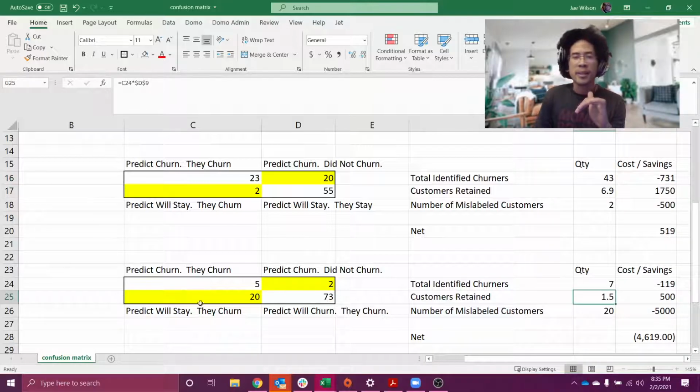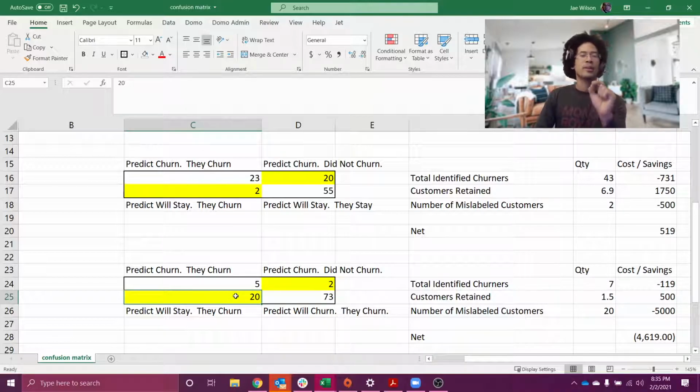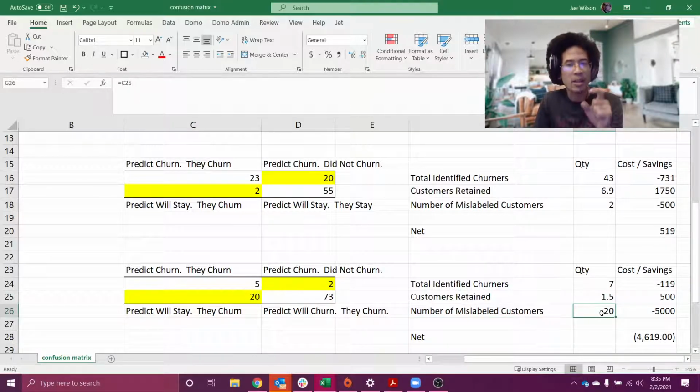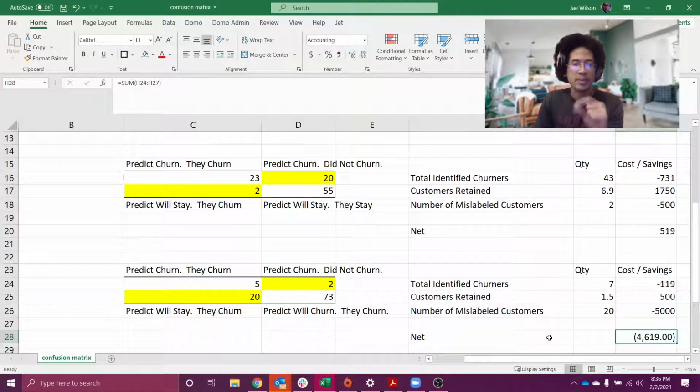Because we run 5 churners through my customer retention program, we keep 2 of them. 2 times 250 is 500. But because this model does not penalize false negatives, because it allows me to mislabel a lot of churners, I actually end up spending $5,000 in new customer acquisition costs for a net of minus $4,619.